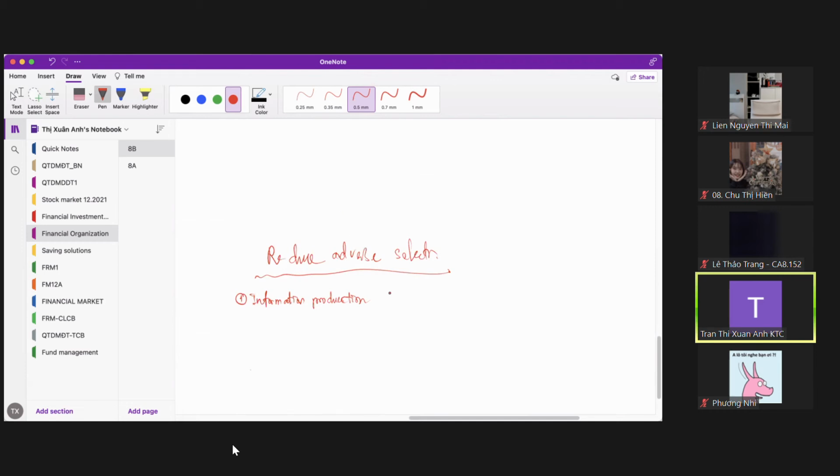So if the government wants to reduce it, they use one way we call information production. It means they want to reduce the problem we call free rider problems. Do you know free riders? A free rider is a person who pays nothing but gets benefit.